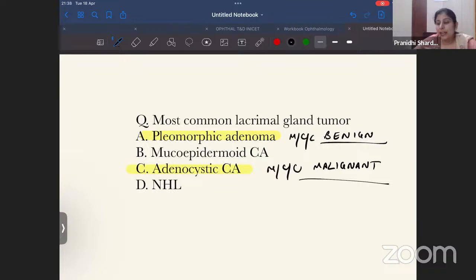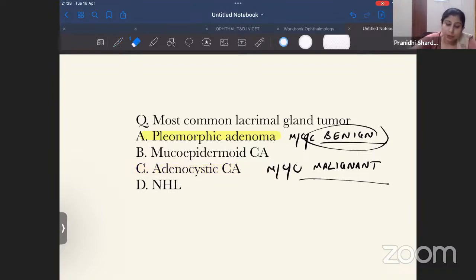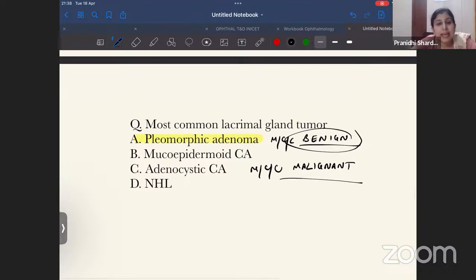Now we always know that benign tumors are very, very common compared to malignant tumors. So by default, we tick the benign condition, that is the pleomorphic adenoma.